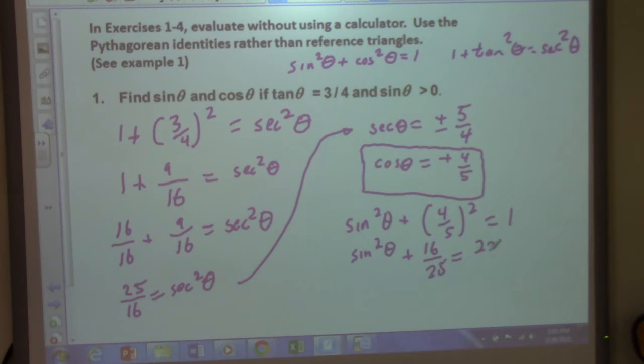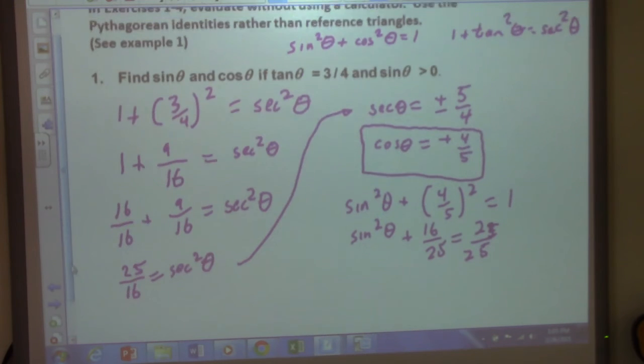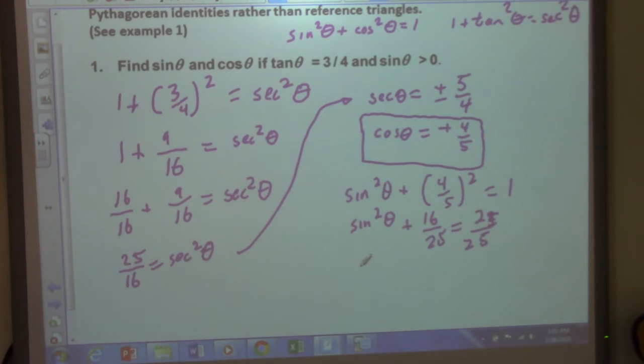I'm going to call 1 25/25. So what are we going to get here when we subtract out? 9, huh? So sine squared theta is equal to 9/25. And so what is sine theta going to be?